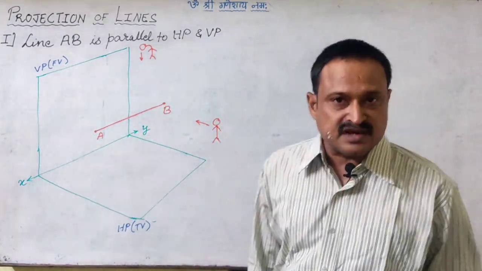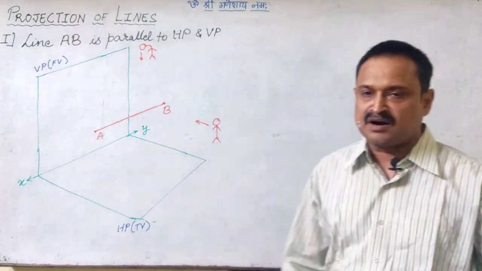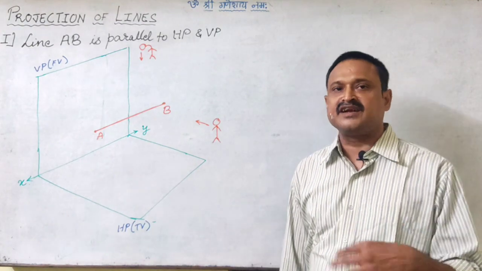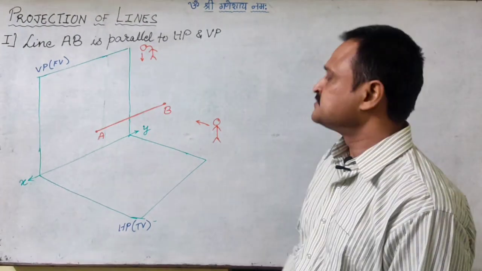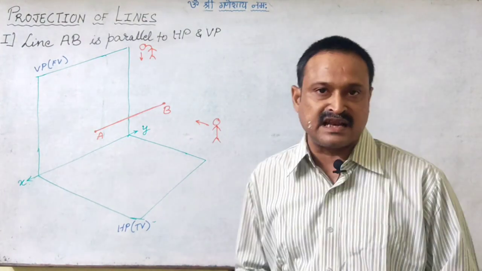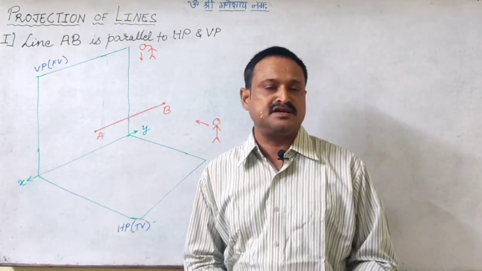Let us say we know the conditions of this A and B somehow, or maybe in the problem that will be stated directly or indirectly, that we have to understand. If I have information of any 2 points of that given line, definitely I can get the image of that line.